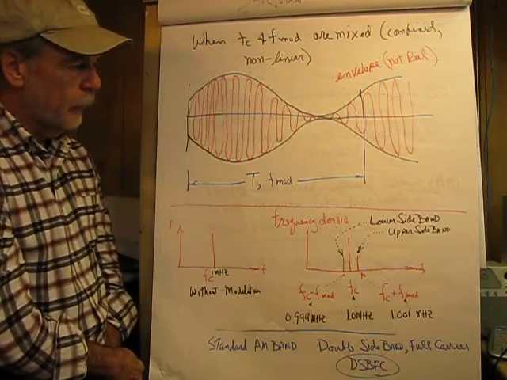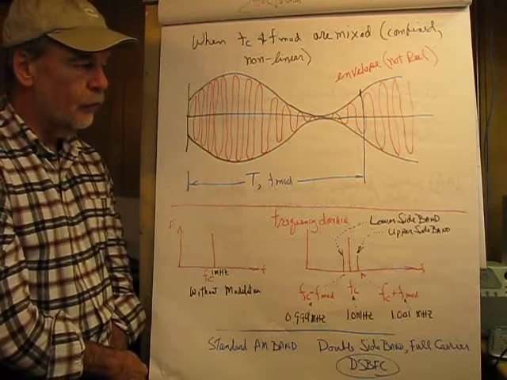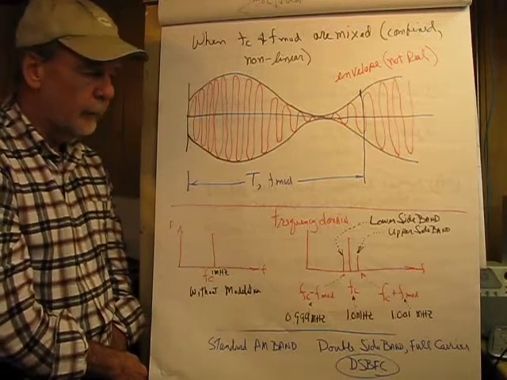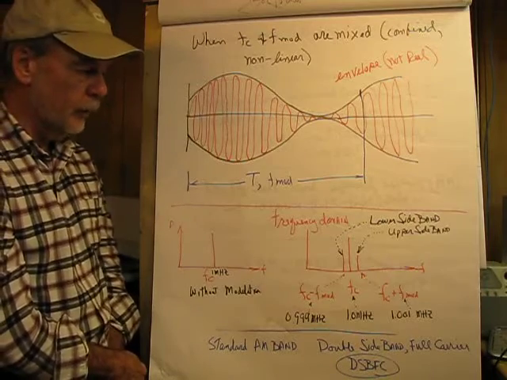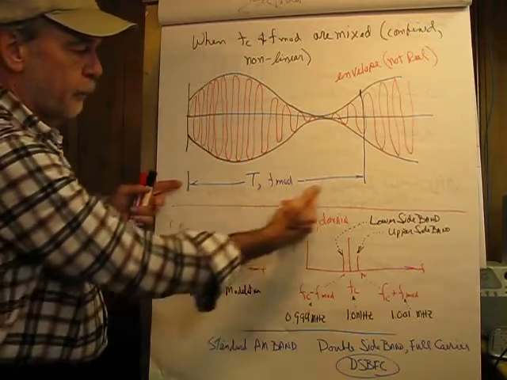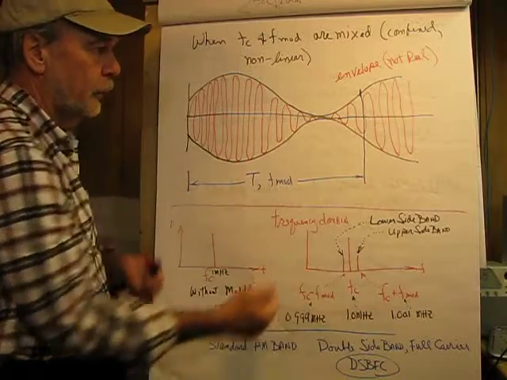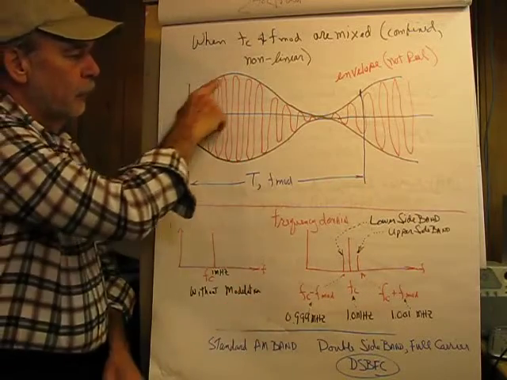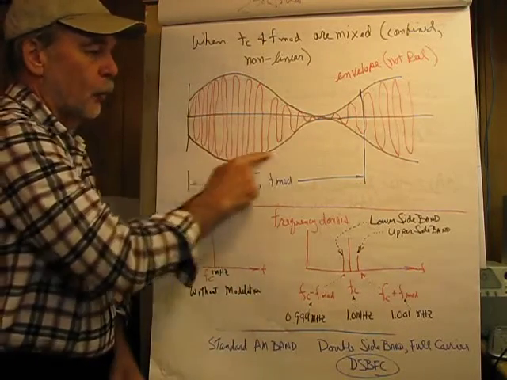So the range of amplitude can be between 0 and 100%, and not to exceed 100%. So this is the period of the modulating signal here, and these black lines I've drawn are not really present.